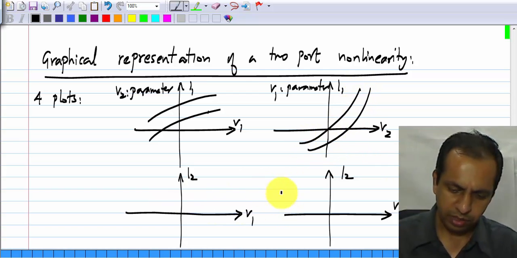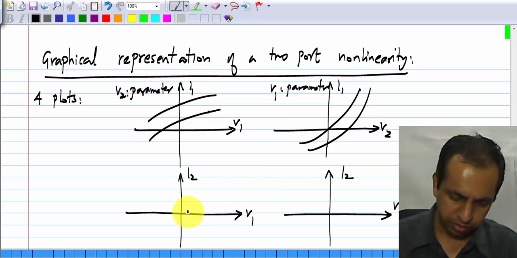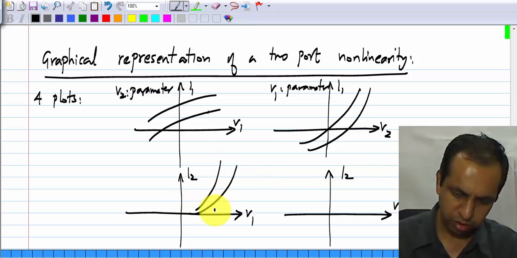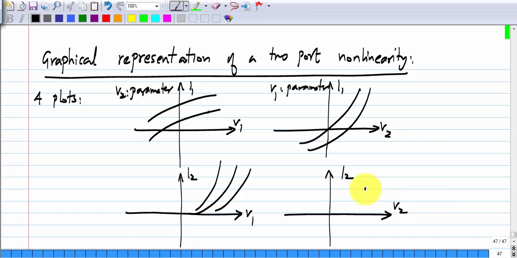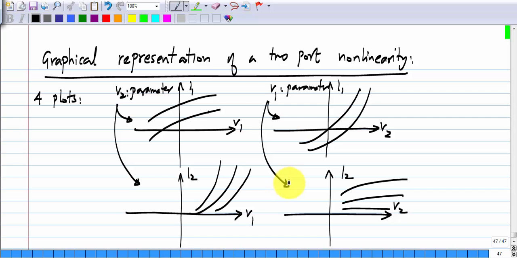And similarly, I2 versus V1 could be something like that, and I2 versus V2 could be something like that. So, V2 is a parameter in these two plots, and V1 is a parameter in those two plots.